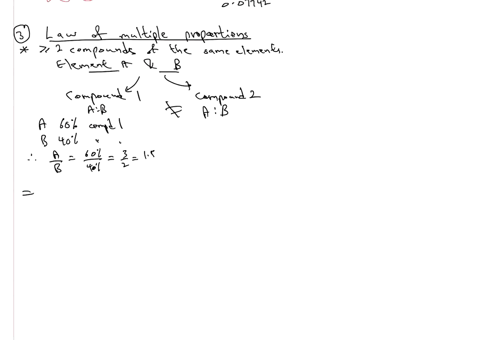What this means is, for every 1 mole of B, there is 1.5 mole of A, because we have A to B and we got the ratio as 1.5 by 1. So 1.5 is A and the denominator is 1 B. So for every 1 of B you have 1.5 A. So that's what is in compound 1.